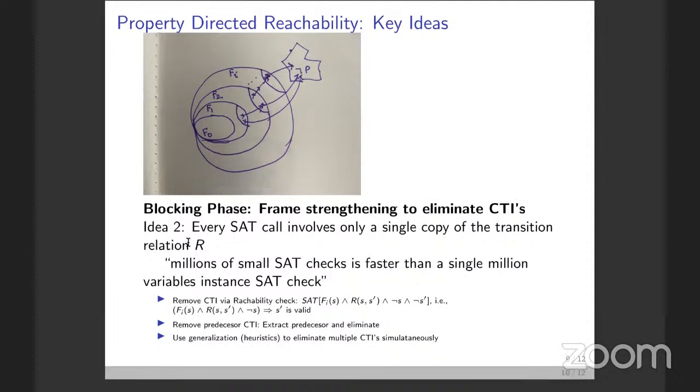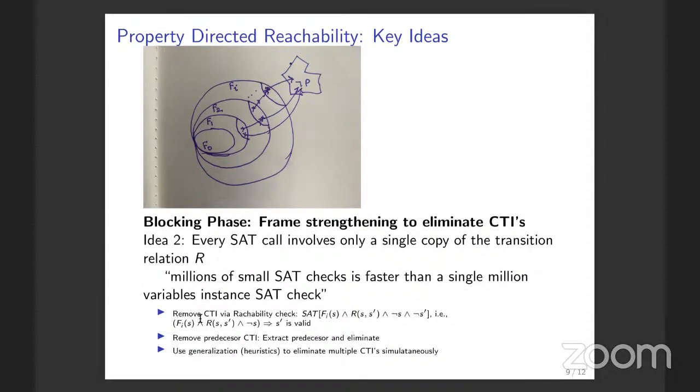Okay, and how does it do it? It actually does something somewhat similar to this. Okay, don't worry about getting the details here.